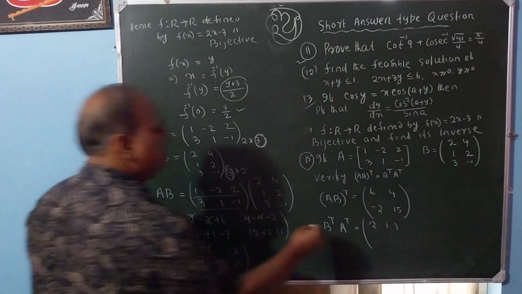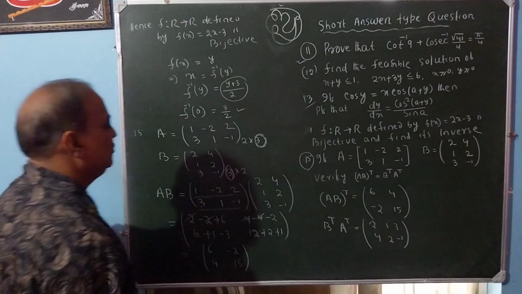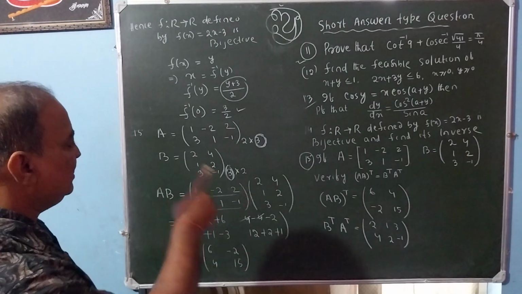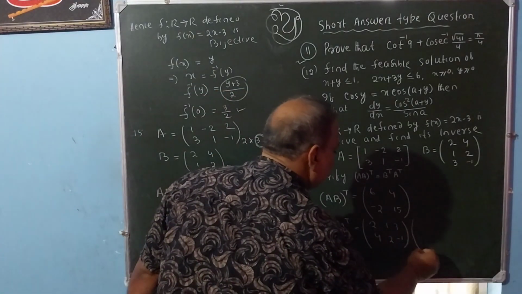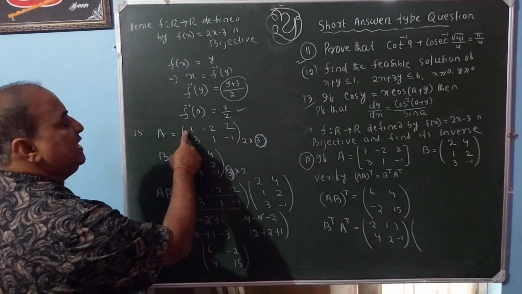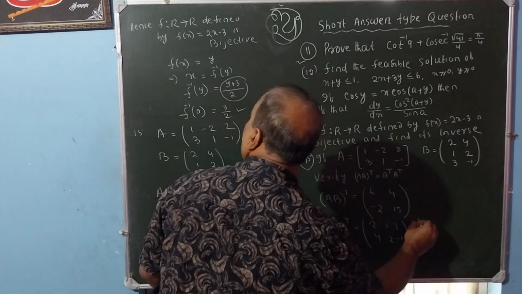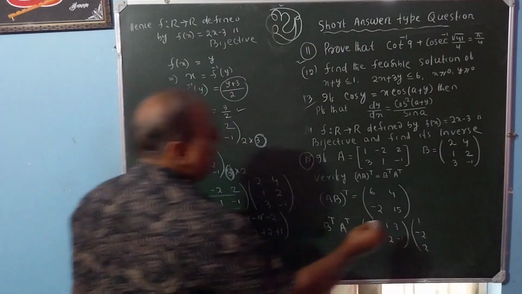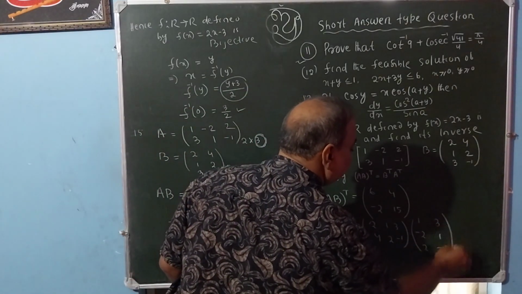Second column will be 4, 2, minus 1. Okay? First column becomes the first row and the second column becomes the second row. Then A transpose. A transpose means the first row will be written in the first column: 1, minus 2, 2, then 3, 1, minus 1.